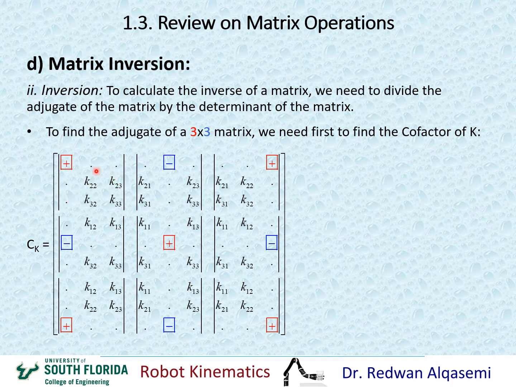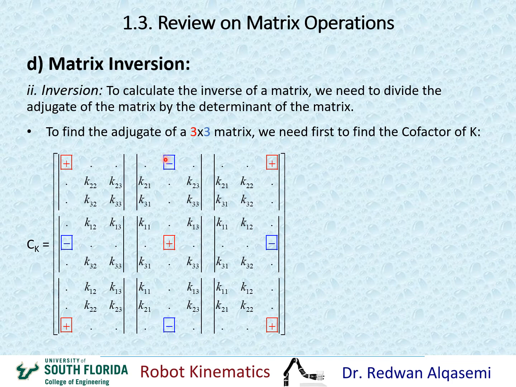What's left are 4 elements which make a 2 by 2 matrix, and I need to find its determinant. The determinant, of course, is the multiplication of the diagonal elements minus the multiplication of the off-diagonal elements. That would make one element with a sign of plus.